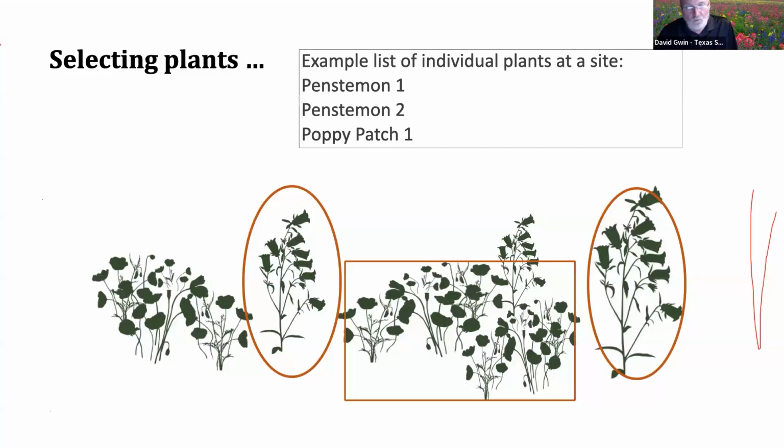Okay. Once you've got that done, you've now selected your plants as part of your site. Remember, this project is really going to have you observe phenological phenomena for the plant species. But the beauty of Nature's Notebook is you can also add other organisms. And I'm trying not to overwhelm you with this, but you can add other types of organisms to your site.